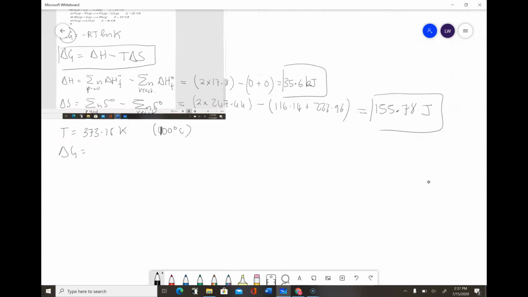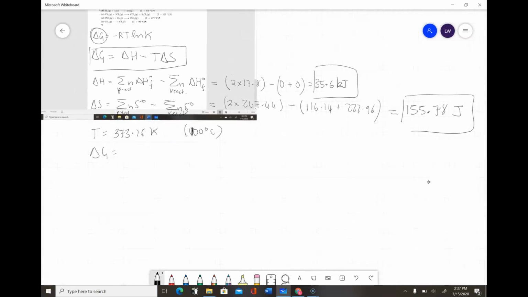So what I'm going to be wanting to do is I'm ultimately going to need my Gibbs free energy in joules. So I want to just convert my kilojoules for my enthalpy to joules. So delta G equals delta H minus T delta S. So delta H is going to be 35.6 times 10 to the 3 joules minus T, which was 373.15, delta S, which was 155.78, and I should say that's joules per Kelvin there, and then this is Kelvin.